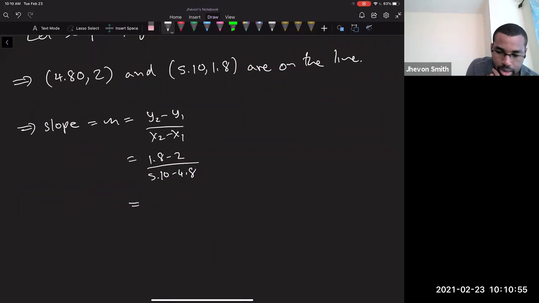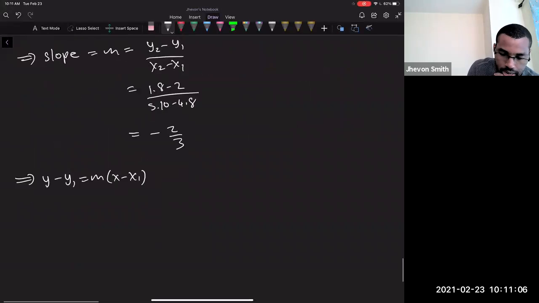And that became minus 2/3 in this scenario. So then I go with y minus y1 equals m(x minus x1). And that leads to me getting the following: y equals minus 2/3 x plus 5.2.